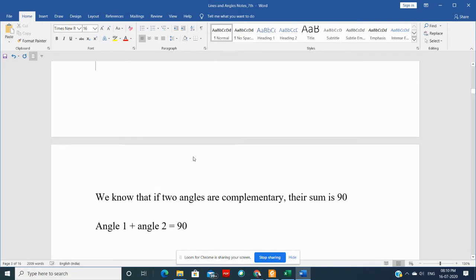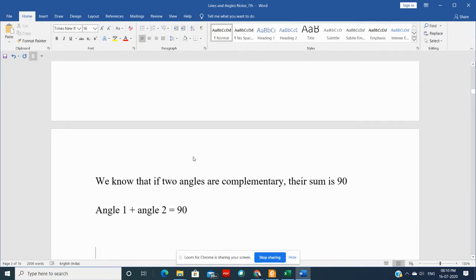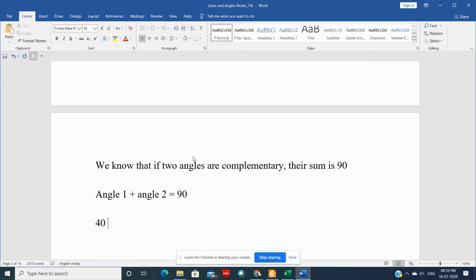Now, here we are given 40. So one of the angles is 40. So I'll just write 40 plus, but what about angle 2? I don't know. So I'll just keep this equal to 90. Now I want to find angle 2.